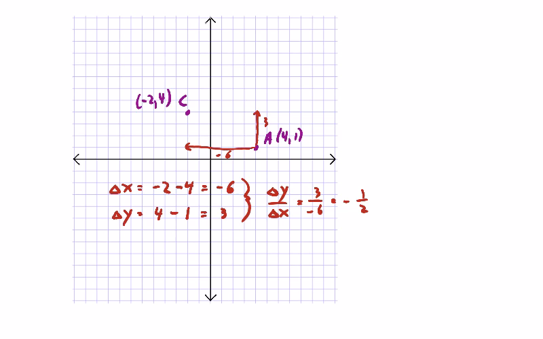Now let us consider the distance that we have between the points. So I can create a rectangle here, which is a 3 by 6 rectangle, and we want to find the length of the diagonal. And to find the length of the diagonal, the best thing to do is consider it to have two right triangles, one in the bottom left and one in the upper right. I'm going to consider the one on the bottom left.